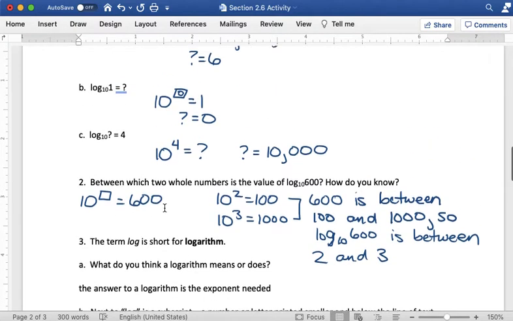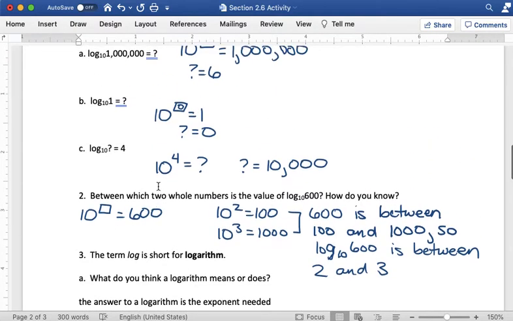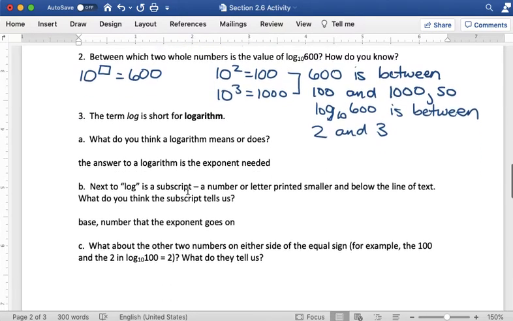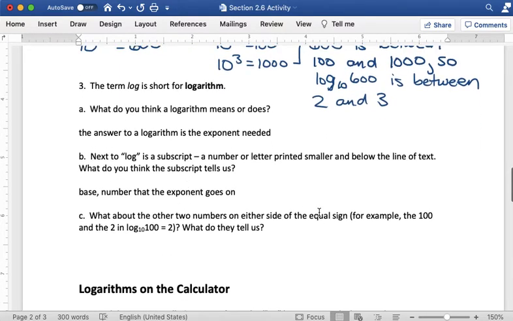So in these examples, we use 10 for our base. That means that we're putting the power here. The exponent is going on that 10. And then the other numbers on either side of the equal sign. So for example, the 100 and the 2 in log base 10 of 100 equals 2. What do they tell us?